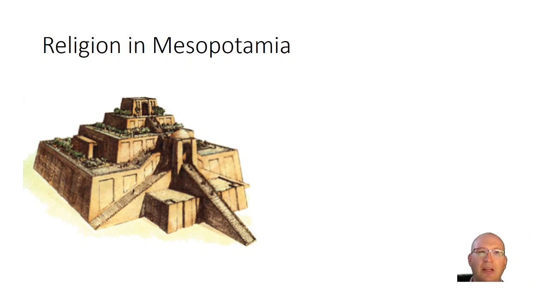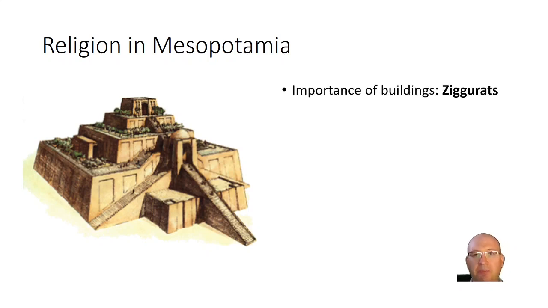So one of the very important characteristics of Mesopotamia is its religion. Now, one thing you can tell about how a civilization values things is what are its biggest, most impressive buildings. So, for example, in the United States, a lot of times our biggest, most impressive buildings are connected to business, which makes sense for how our country works, right?